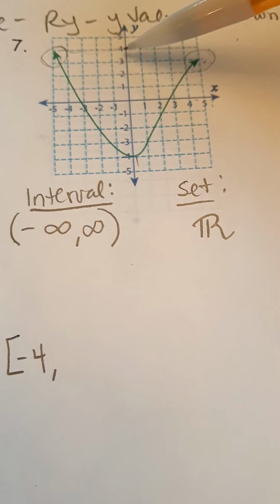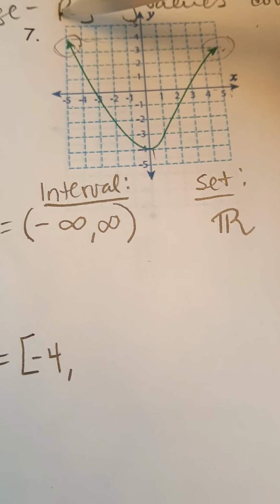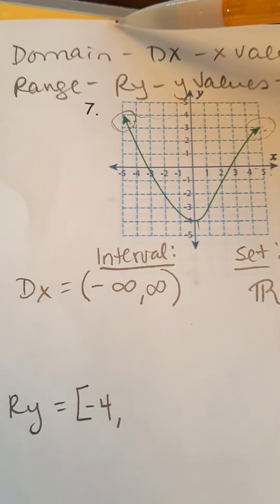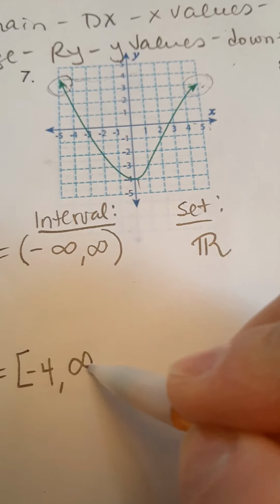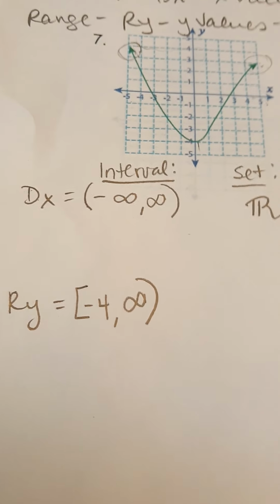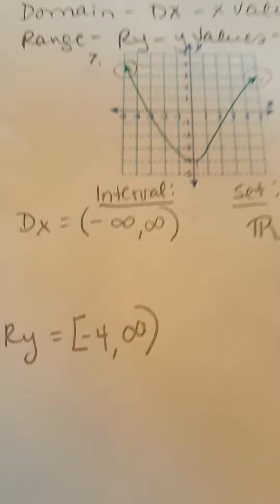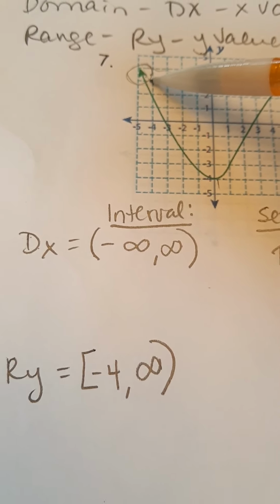Again, that is at 4, right? But because it's an arrow, it just keeps going up, up, up, which means that's also infinity. Infinities always get parentheses. That was your interval notation. So the lowest was -4, the highest was an arrow, which means infinity.